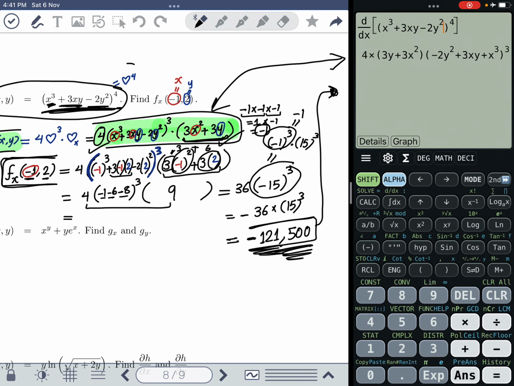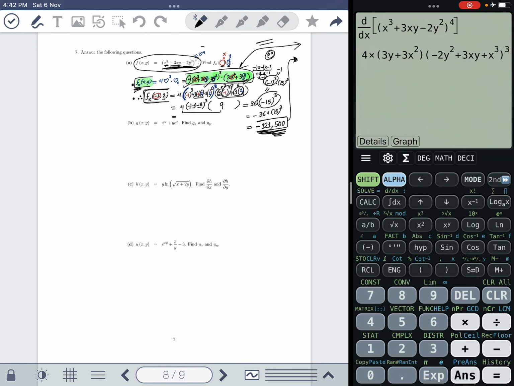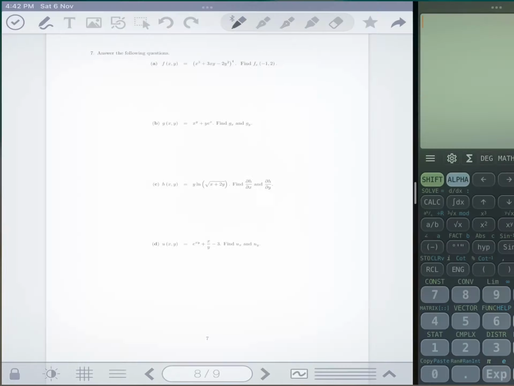Yes. And then x cubed plus 3xy minus 2y squared to the power 3. Yes, so it is exactly the same. So they're equal, with a happy face that we got it right. And the substitution of x negative 1 and y 2, we did it on the calculator, so it is correct. So now we can erase this and start the second question.